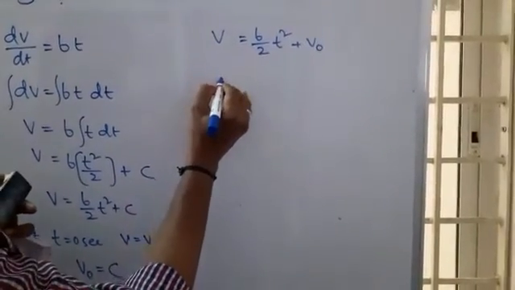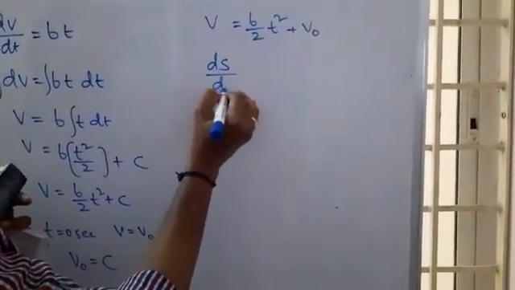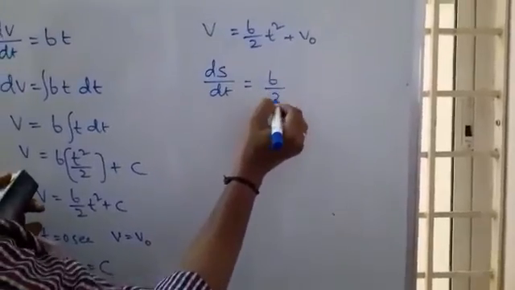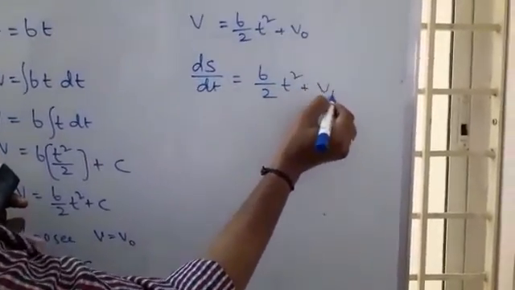Next, velocity is ds divided by dt, therefore ds by dt equals b by 2 into t square plus v naught.